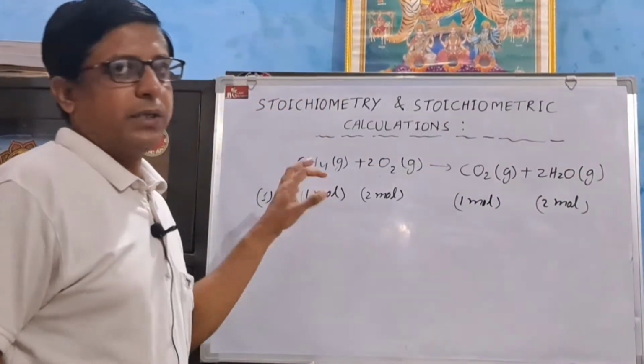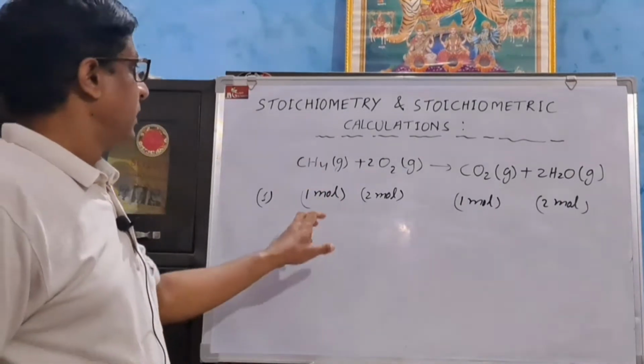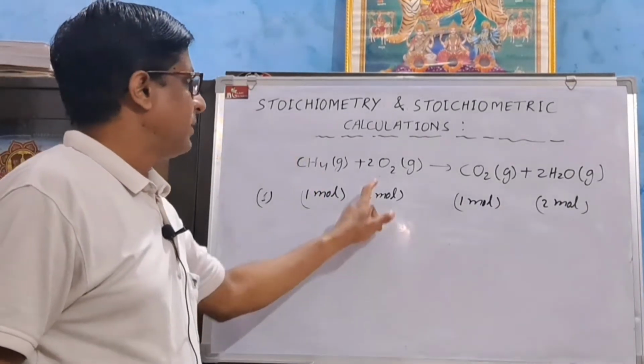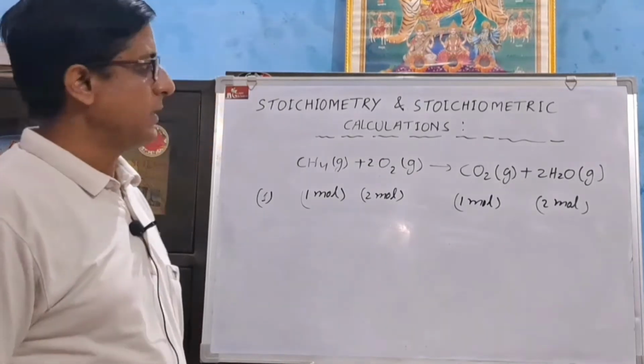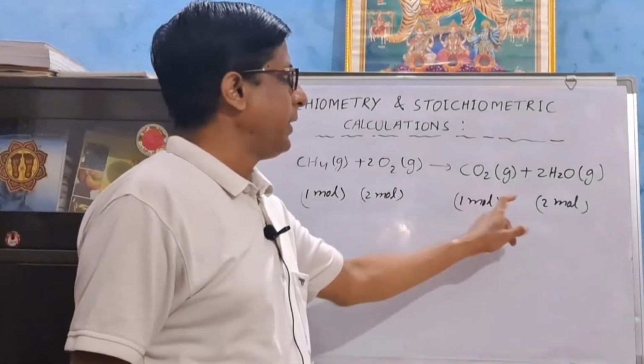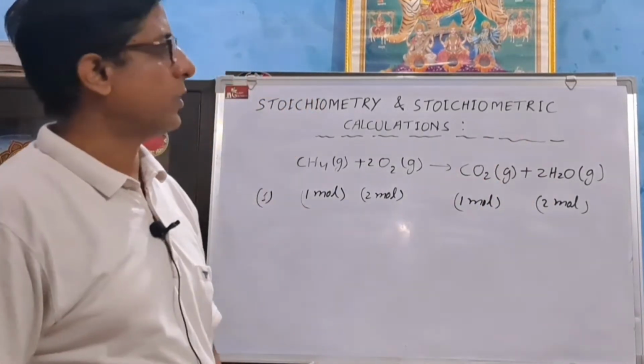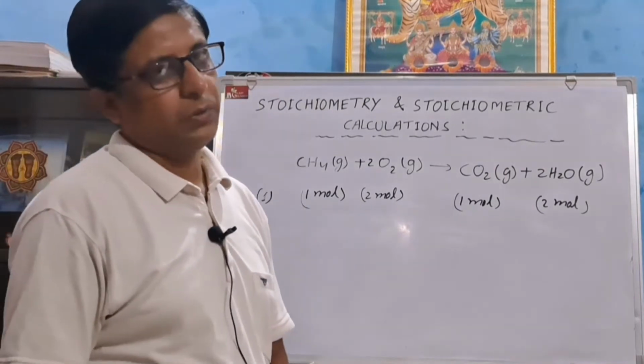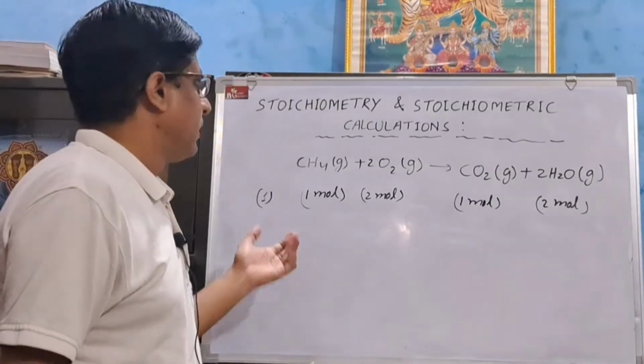In this chemical reaction, it is clear that 1 mole of methane reacts with 2 moles of oxygen to form 1 mole of carbon dioxide and 2 moles of water molecules in the product.